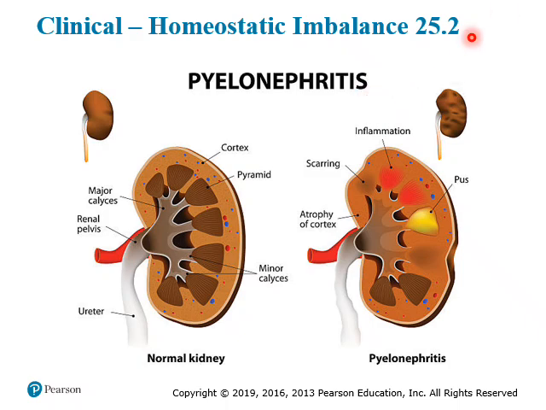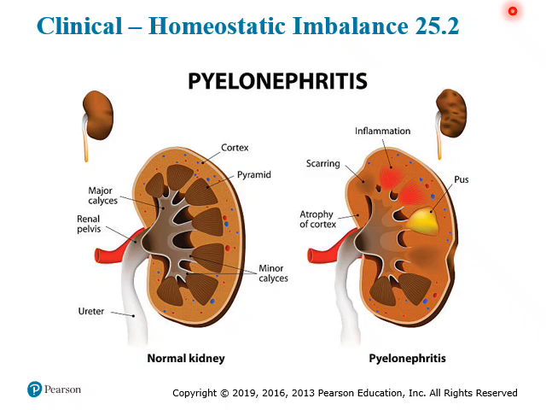Pyelonephritis is the infection or inflammation of the entire kidney, and the infections occur most especially among females, because we have a very short urethra. The infection or inflammation is brought about by bacteria that can go through that short channel and find their way into the kidney, and it causes severe swelling of the kidney and abscess formation.